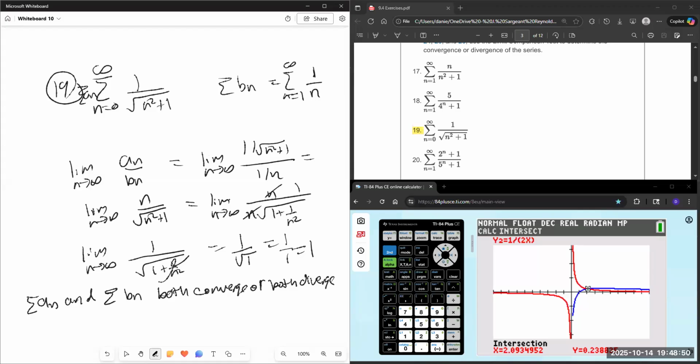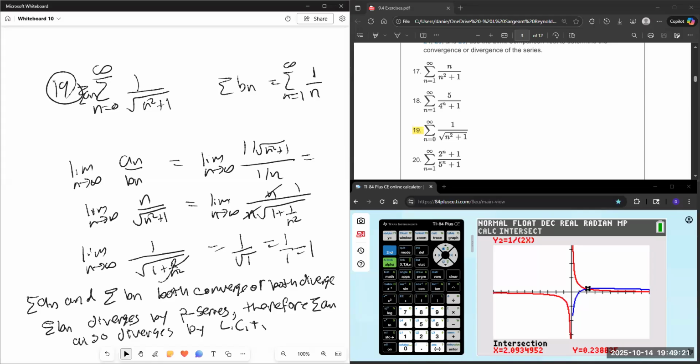Then the Bn series diverges by the p-series test. It's the harmonic series, which is divergent. Therefore, the summation for An also diverges by the limit comparison test.